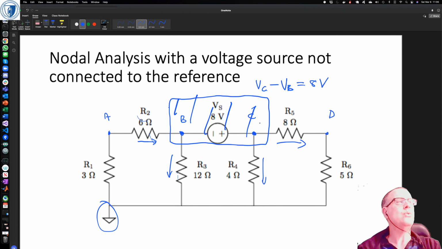And it's true, right? If you have a circuit and you partition off a part of that circuit, KCL still has to apply. If it didn't apply, then you'd be producing current out of nowhere.